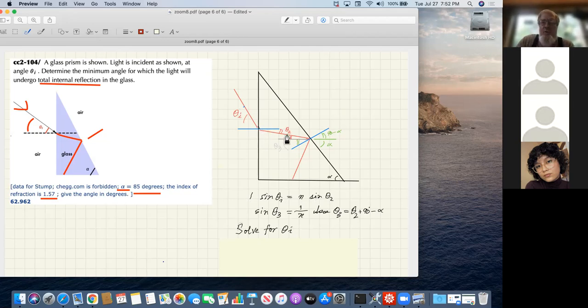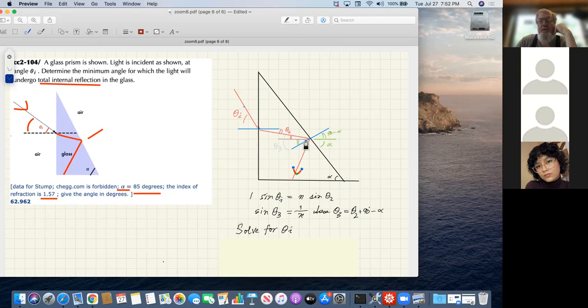Now the light will travel to the backside of the prism and reflect with equal angles. So it'll come off in this direction. And now let's draw the normal to the back surface.